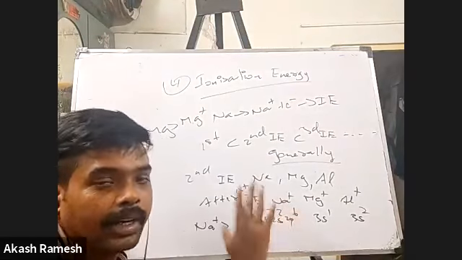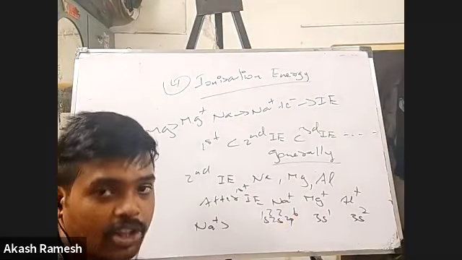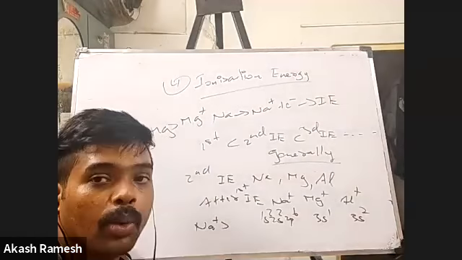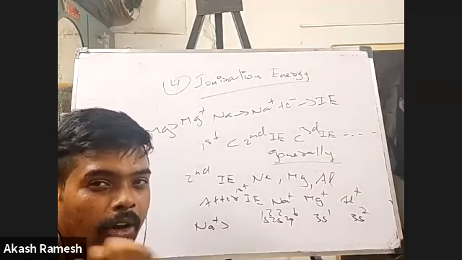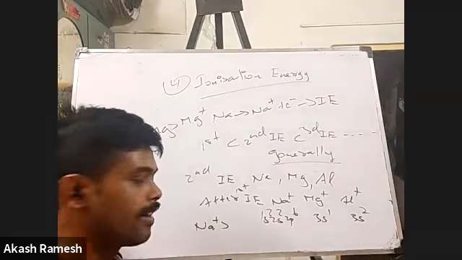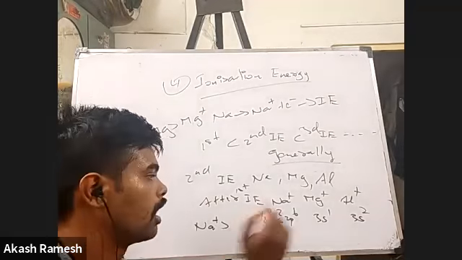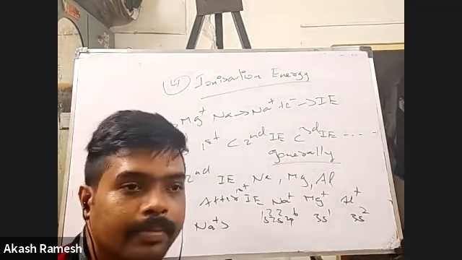It is already stable. So removing an electron from Na+ will always be very difficult, and that will have the maximum ionization energy.